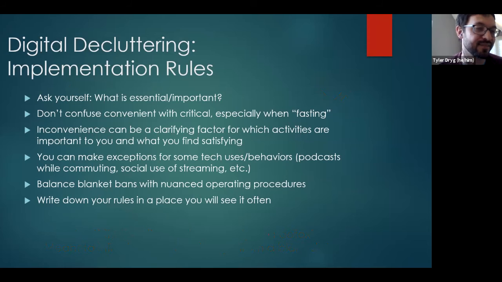So he also has some pretty strict implementation rules for that, which I think are helpful to consider if you want to cut back on activities. And so those are really thinking about what is important for you, what technologies serve a need, and because of his focus on optimization and intentionality, it's important that we don't confuse convenience with critical need.